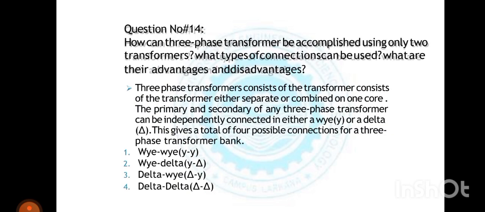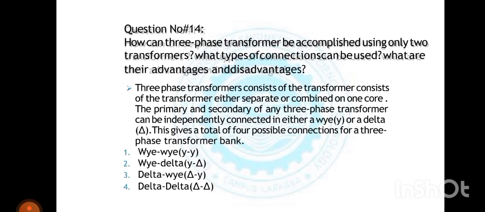Question number 14. How can three-phase transformation be accomplished using only two transformers? What types of connection can be used? What are their advantages and disadvantages? Three-phase transformers consist of transformers either separate or combined on one core.